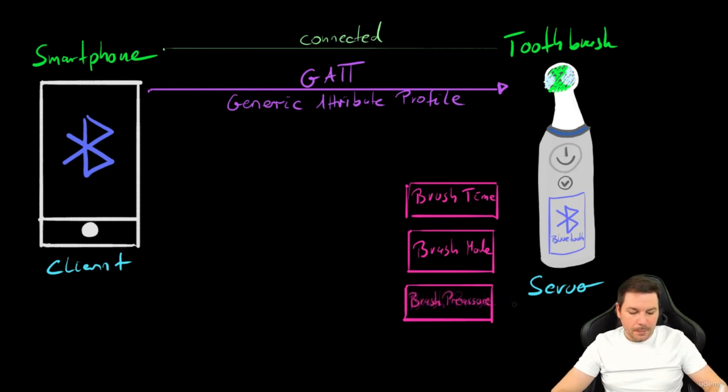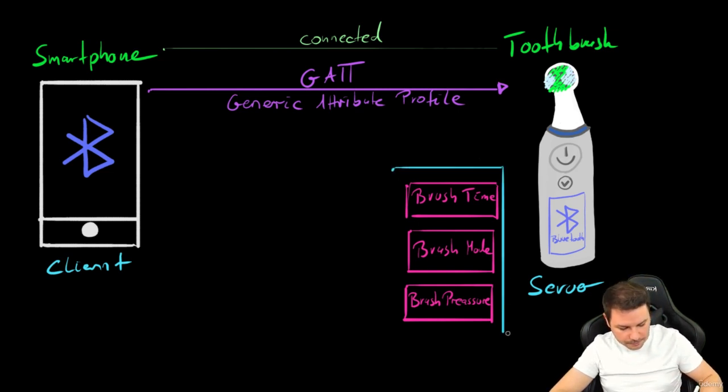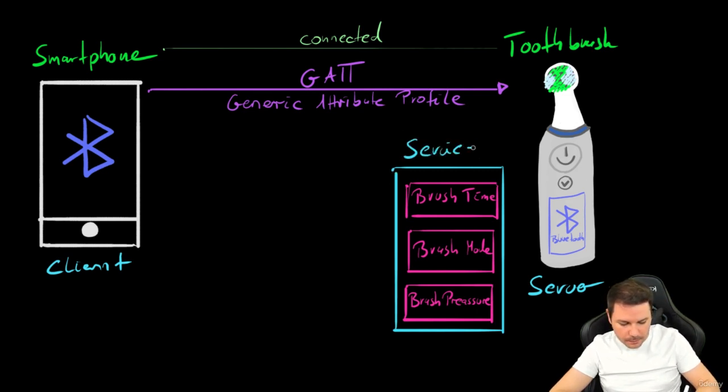Okay, all of them have something to do with brushing. So they can be now categorized, or let's say summarized, within a service. So a service can have many characteristics, and a characteristic is just a set of data. For example, brush time. So these are now those characteristics.